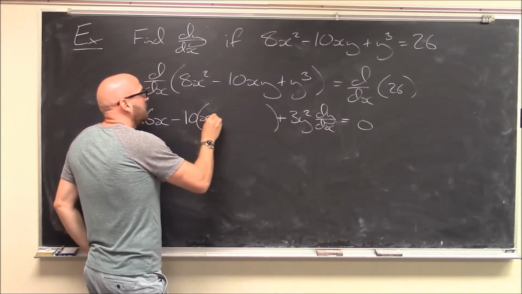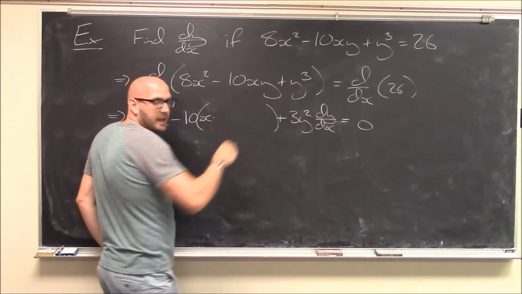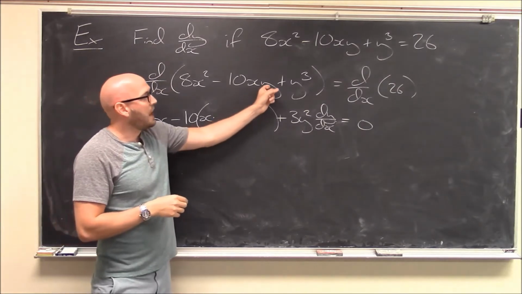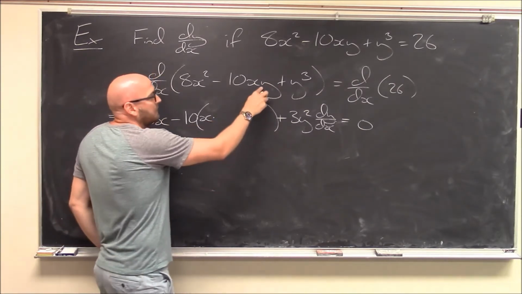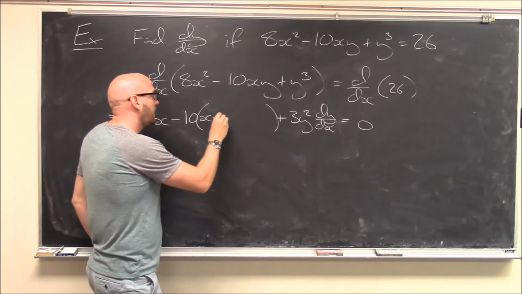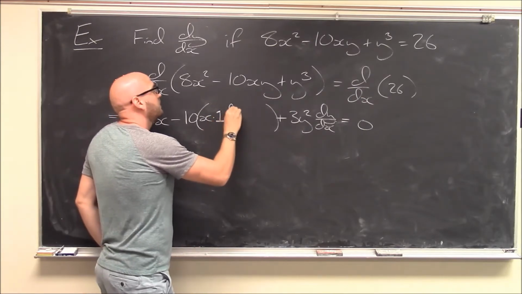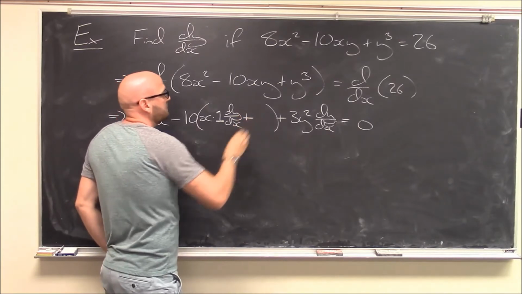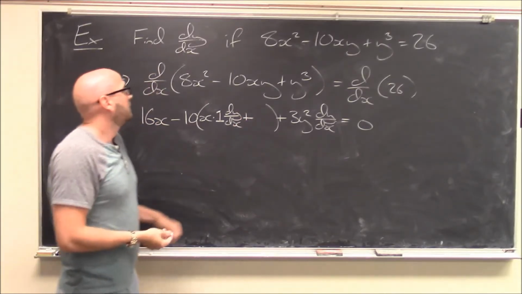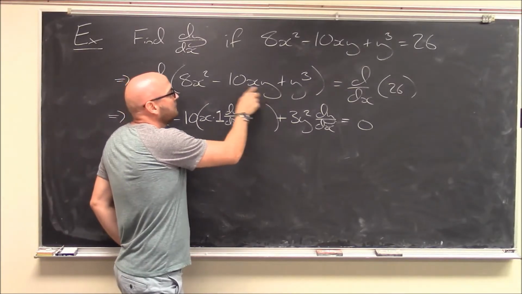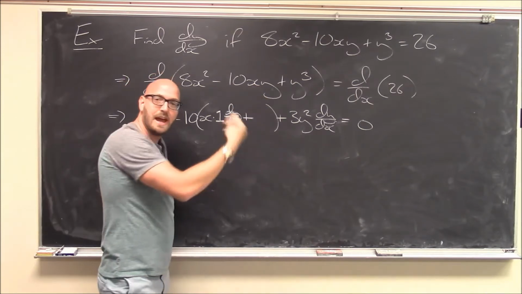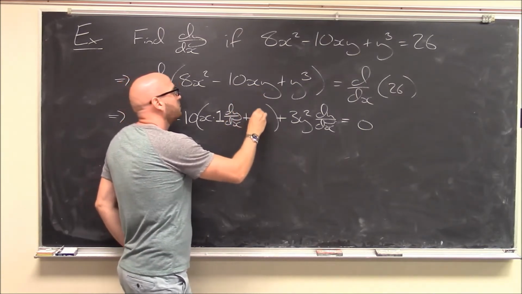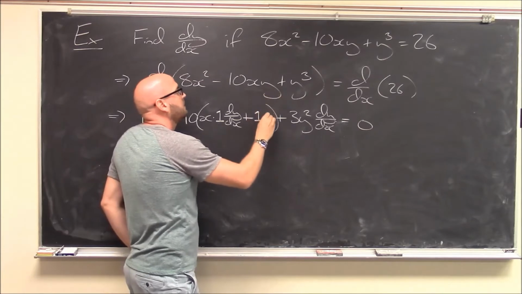How do I differentiate y with respect to x? Well, I first differentiate with respect to y to get 1 times dy over dx. And then plus, product rule says now times the derivative of the first function with respect to x. Derivative of x with respect to x is just 1 times the second function, y.